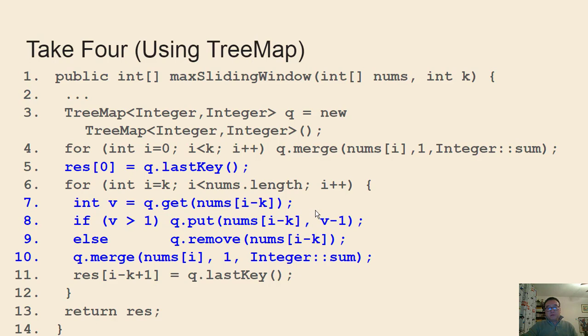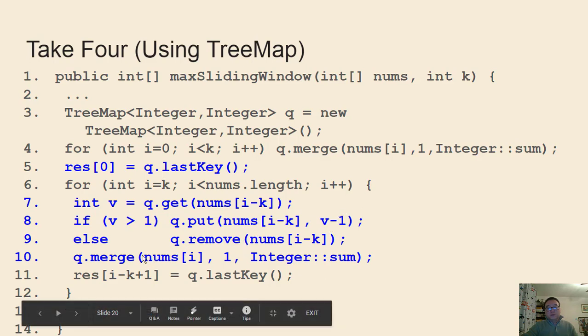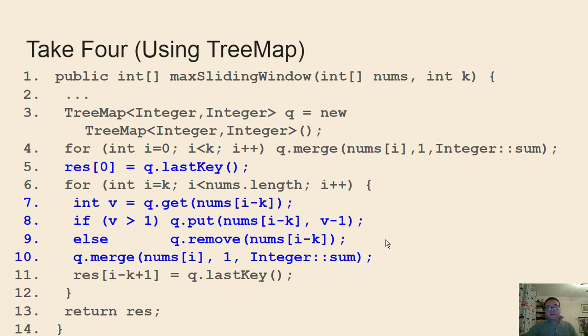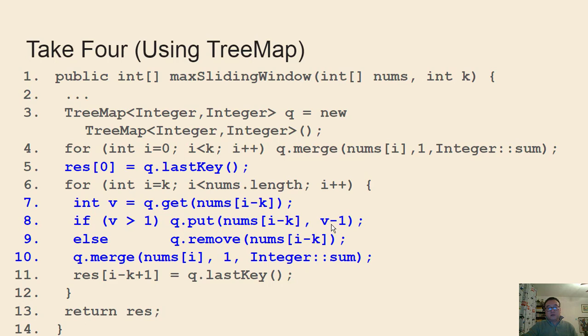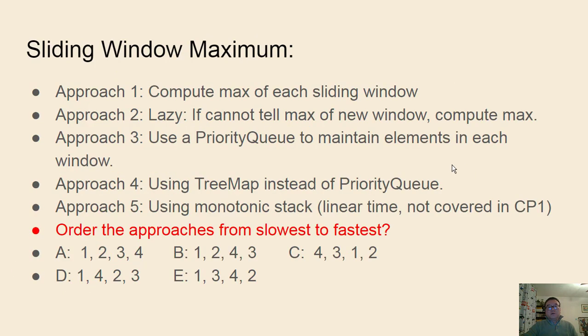I guess it probably doesn't hurt to keep the element in the map with a count of 0. And we use merge to add the element to this map. If it doesn't exist, we just put 1. If it exists, we add 1 to the current count.